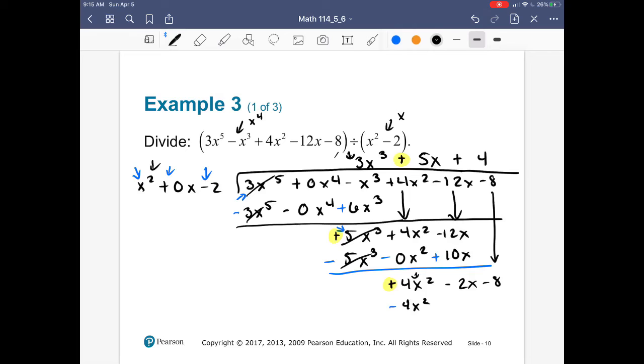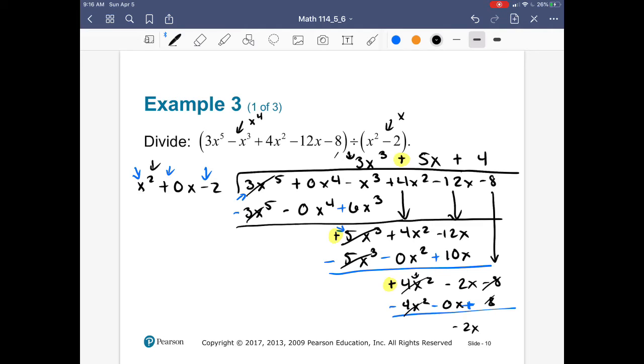4 times 0x is 0x. A positive times a positive is a positive. We change the sign, so this is a negative. And finally, 4 times 2, that's an 8. And a positive times a negative is a negative, and we change the sign, so this is a positive. This cancels with this cancels with this, so I'm only left with 2x.